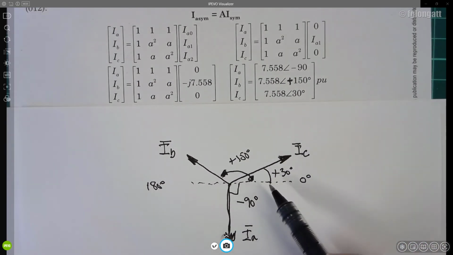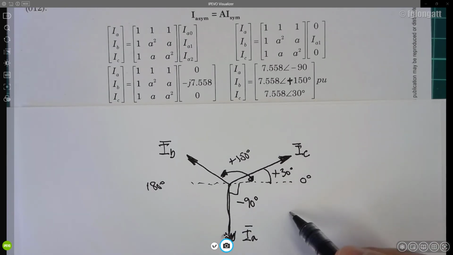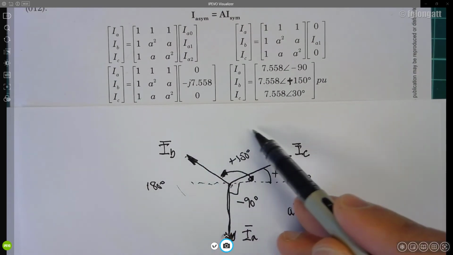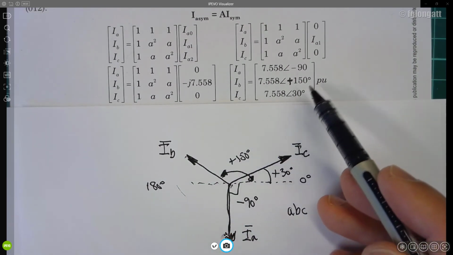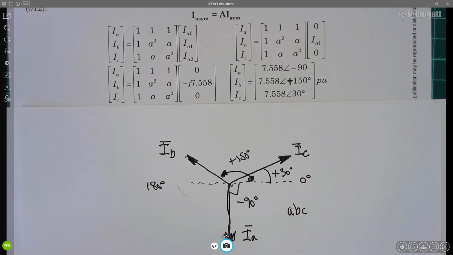But what I want you to see is that this is an ABC sequence. We have here the current A, B, and then C. And as you can see, using the symmetrical components, you can get the beautiful three-phase representation, and it's useful for you to identify any possible mistake.